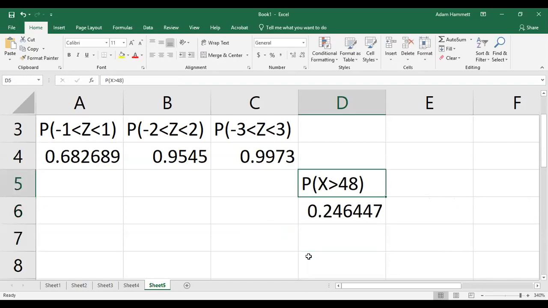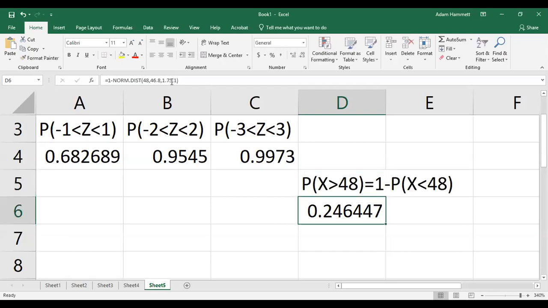Basically, this is equal to 1 minus the probability that x is less than 48. I don't concern myself with being equal.